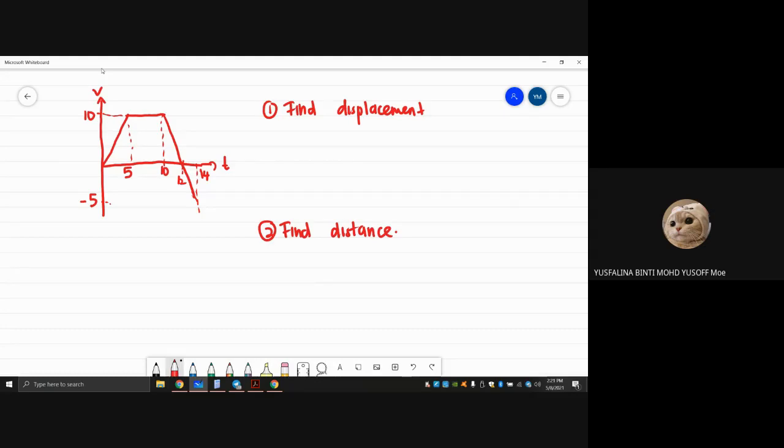So let's see whether you can figure out the difference between the displacement and distance for this question. Okay, maybe I divide in the two part. This is A and this is B part.